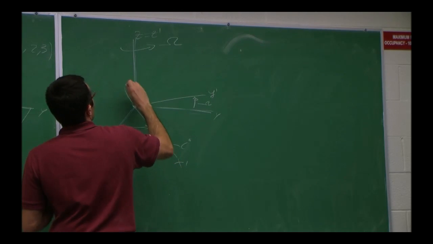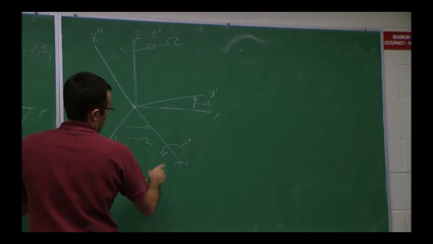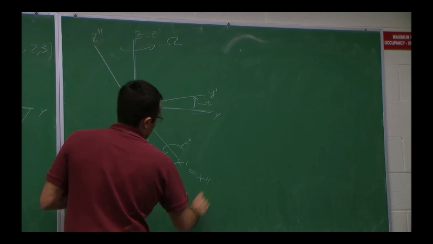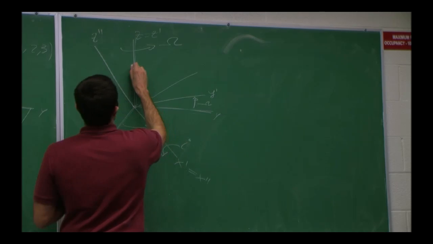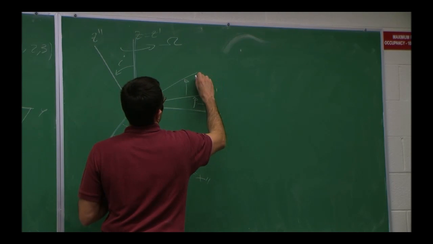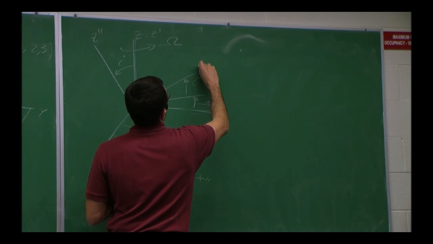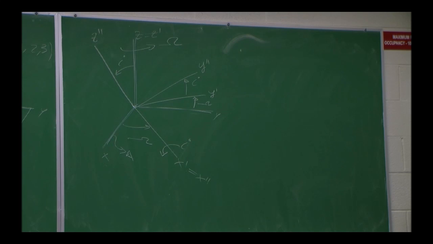And I move z to some other new z, which I call z second. And x prime corresponds to x second. It's not moving. And y prime goes and moves to y second. These are terrible sketches to draw because there's a lot of angles involved.